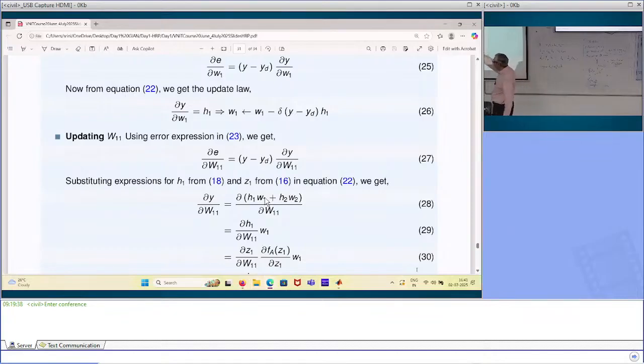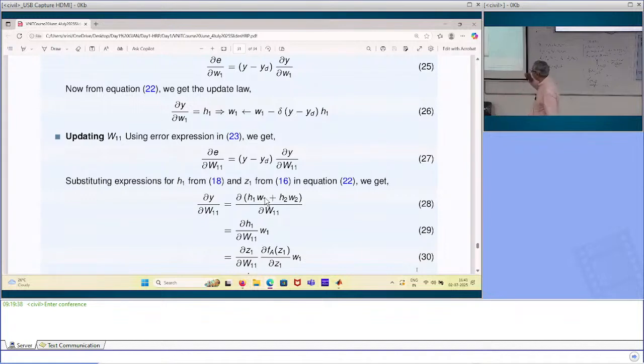Delta is this learning term, which you can choose 0.1 or something like that. Do you have Y minus D available to you or not? When you are doing this training, do we have Y minus D available to us? Yes? Because we can use neural network to calculate Y, and YD is part of the data.